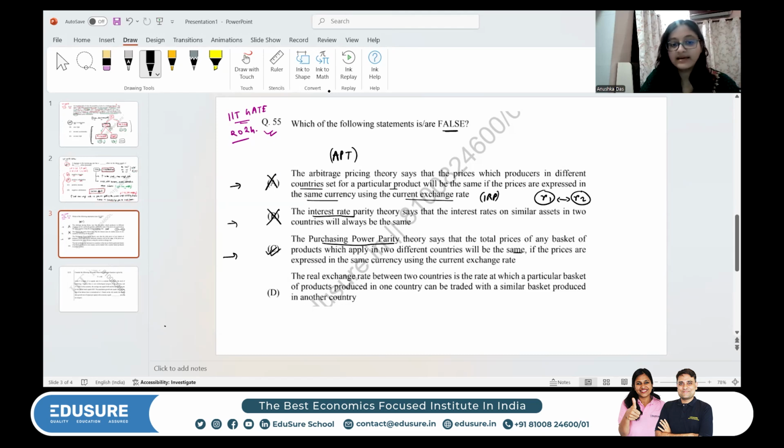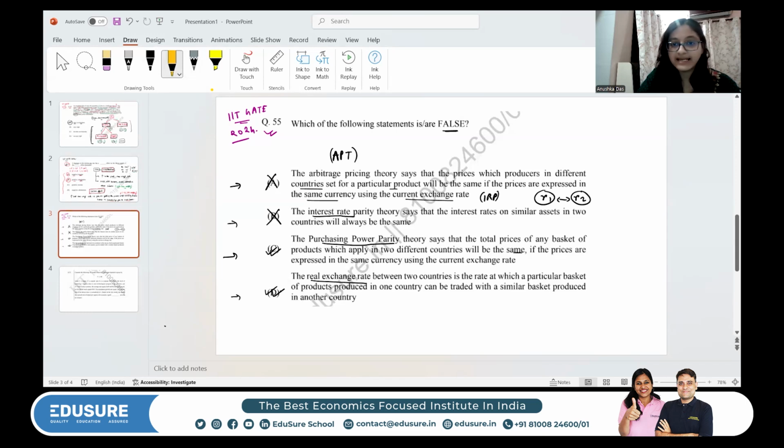This is correct. And the fourth option says the real exchange rate between two countries is the rate at which a particular basket of products produced in one country can be traded with a similar basket produced in another country. So this is also the correct definition of real exchange rate. So options C and D are correct definitions.